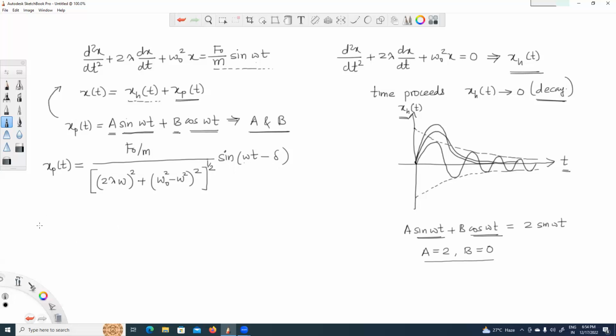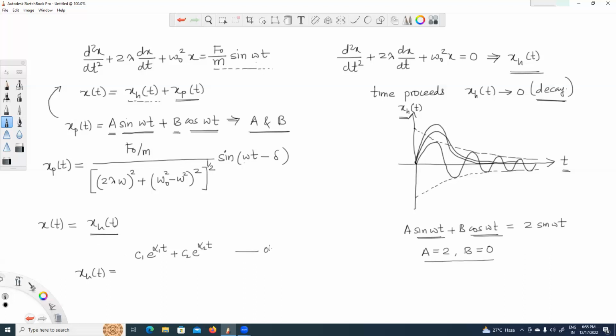Now, if I want to write this solution, x of t, which will look like xh of t, I'm purposefully not writing this solution here because we already know this solution and its form. For your simplicity, I'll write this as xh of t. So this would be, let's say, constant c1 e raised to alpha 1 times t plus c2 e raised to alpha 2 times t.